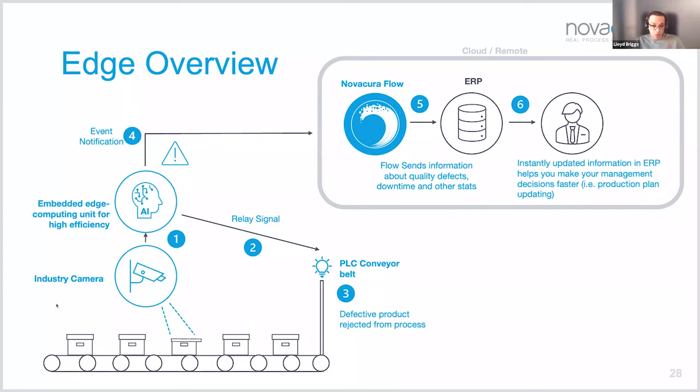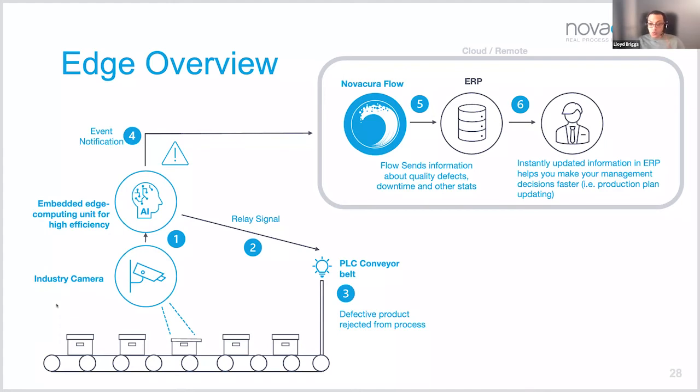So as it's detecting objects, if you want to reject a product off a conveyor belt immediately based on the result in real time, without waiting for any delays or for an external system to tell you to do something, you can literally just have the camera itself talk directly to your PLC or to a relay station, and that can reject the product immediately. So the camera can go direct to your PLC in a communication.